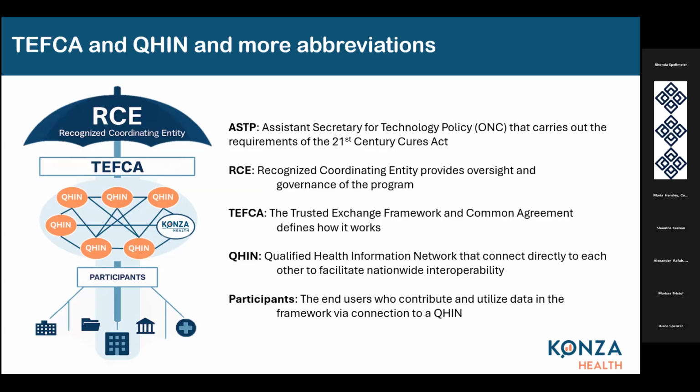So really working through how to create a network where we're all playing by the same rules, and utilizing technology that works together. It doesn't mean it has to be the same technology. It just has to be able to work together. So keeping in mind, KONZA is a QHIN. We spent a year working on being recognized and applying for and getting that designation. And then your organization, your FQHC, is a participant.